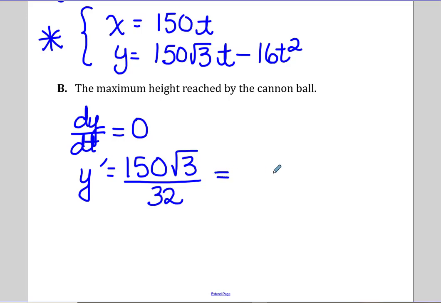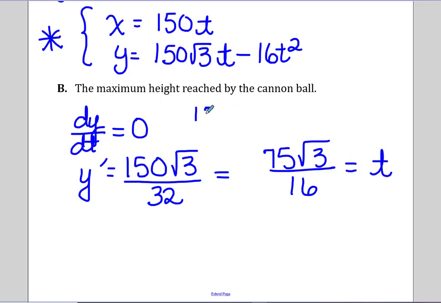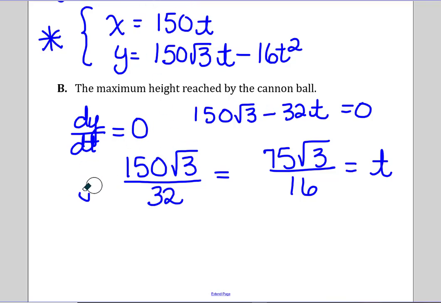And if you reduce that down, you could divide out and get 75 radical 3 over 16. So this is when our time, let's see if I'm doing that right, 150 radical 3 minus 32t equals 0. Yes. So y prime equals 0. I didn't write that very clearly here. This is my y prime, and y prime equals 0 when we solve for time at this time.